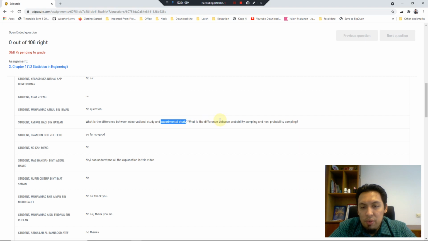Okay, what is the difference between probability sampling and non-probability sampling? The major difference between these two is that probability sampling involves randomness. Remember this keyword.